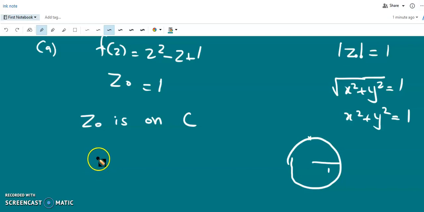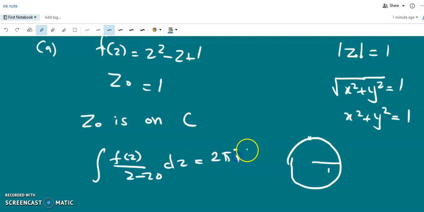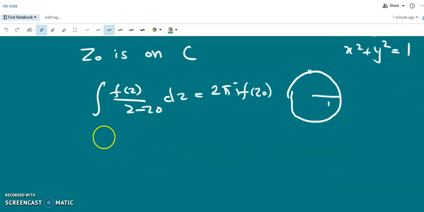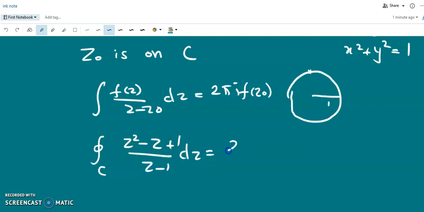So then we know that the integral of f of z divided by z minus z0 dz is 2 pi I into f of z0. So therefore the closed integral over C of z square minus z plus 1 divided by z minus 1 dz is equal to 2 pi I into f of z0.